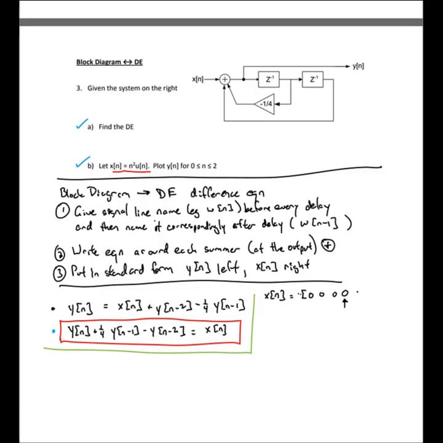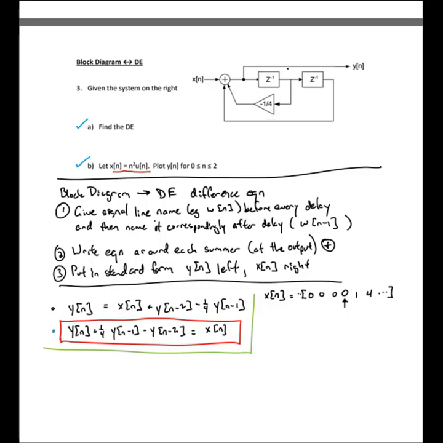But after that, we get a 1, and then a 4, and then a 9, and it'll go on like that. It asks to plot the output values for n equals 0 to 2 inclusive. So here's 0, 1, 2. We don't even need to get this 9 part. As long as we get the output for those first few, we're set.